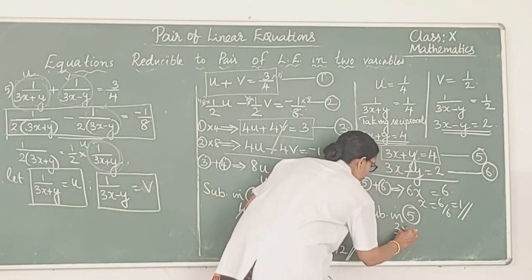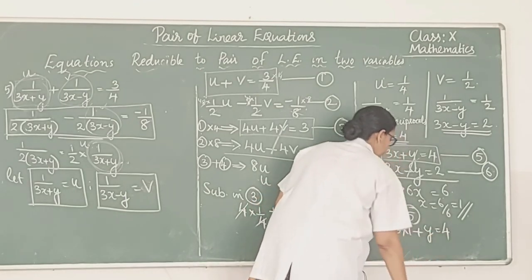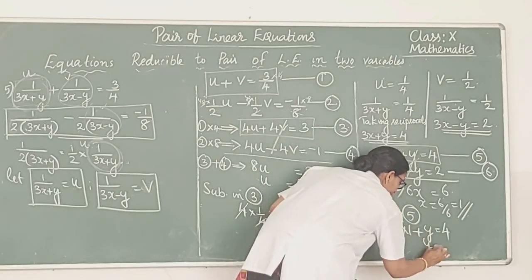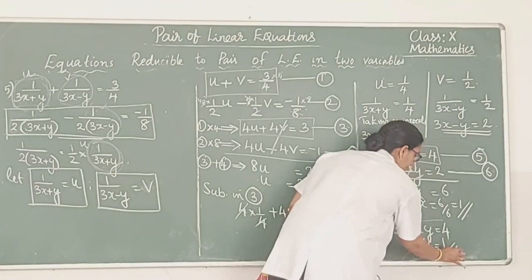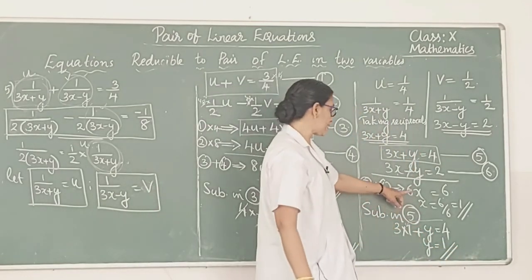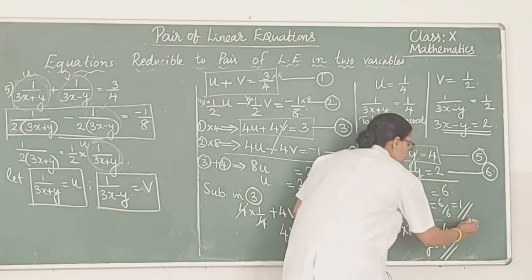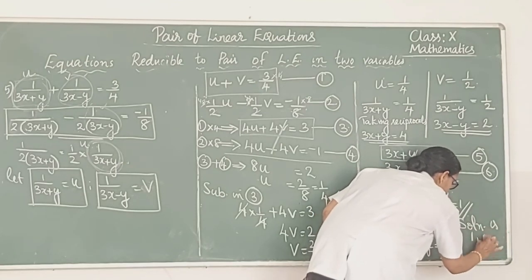So 3 into 1 plus y is equal to 4. 3 into 1 is 3. So y is equal to 4 minus 3. It is 1. So we got the solution, values of x and y as 1 and 1. So solution is 1, 1.